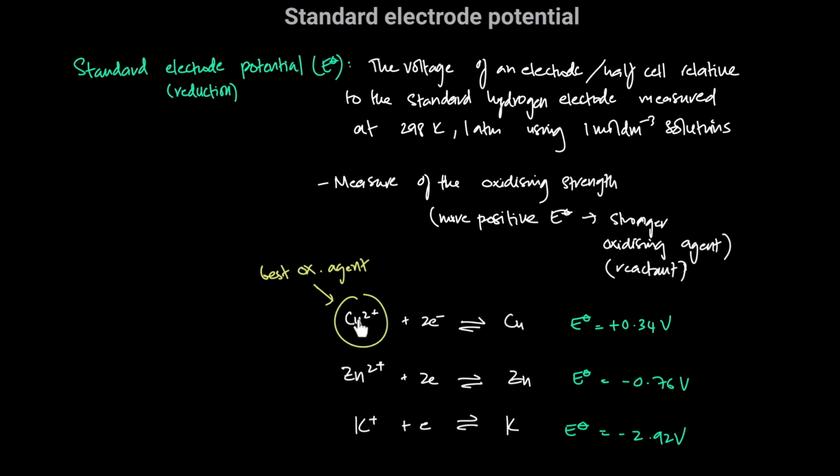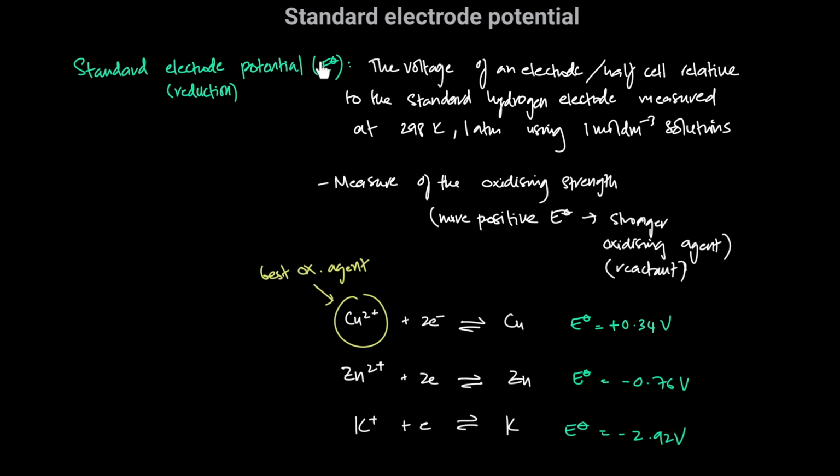So we know that the reduction of copper 2 plus is the most favorable of the three ions, because it has the most positive standard electrode potential. By convention, we always report standard electrode potentials as standard reduction potentials.